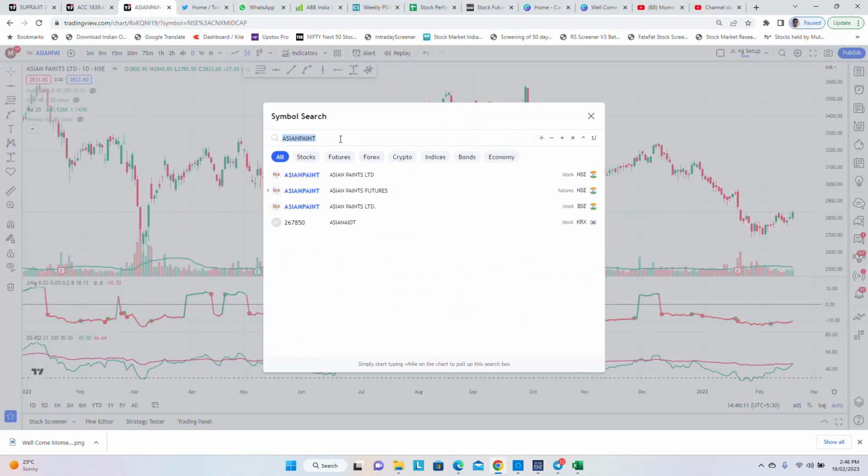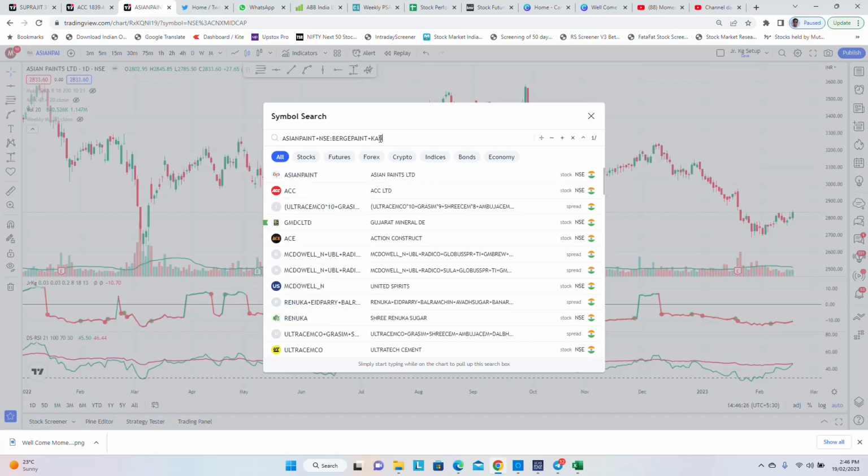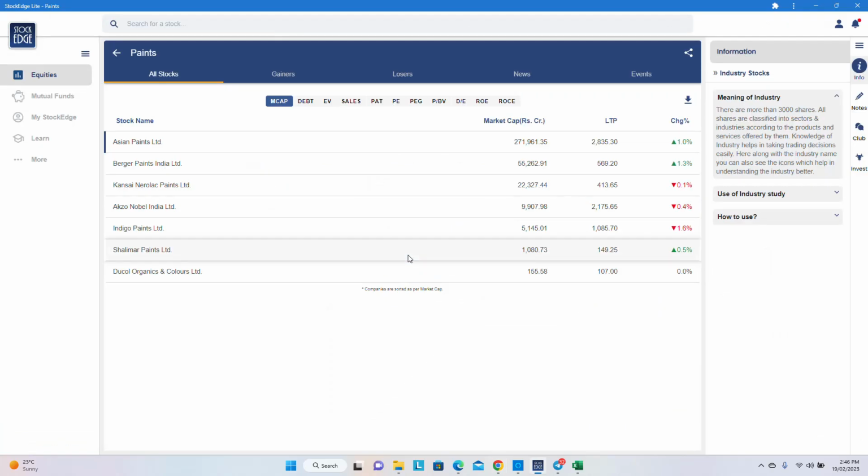Click here, plus Berger Paints. You need to select it from here, because then it will take the complete NSE code. Then plus Kansai Nerolac, then plus Akzo Nobel and Indigo.